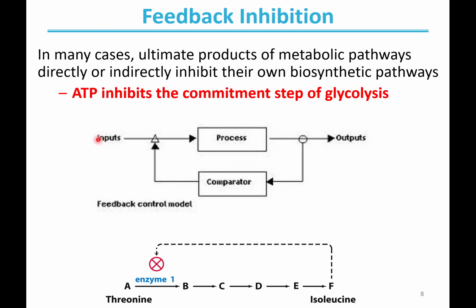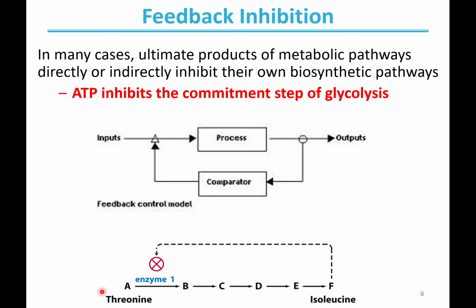In biochemistry, we'd think of these as substrates, and these as products, and this is your enzyme, the reaction your enzyme's catalyzing. A lot of times those products are going to feed back and actually inhibit the enzyme. An example of that is the fact that ATP inhibits the commitment step of glycolysis. So that's step 3 in glycolysis.